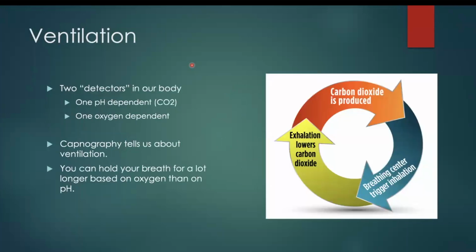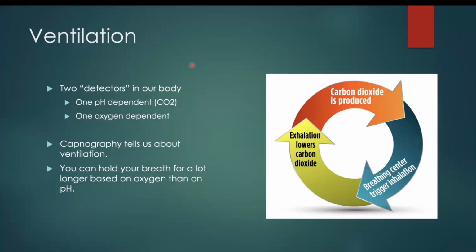So again, with ventilation, we've got two detectors in our body. One is pH dependent, which tells us about the carbon dioxide level. Because remember, carbon dioxide, when it is dissolved in water, is carbonic acid. And so that's one of the things that gives soda its kind of tanginess, that carbonic acid.